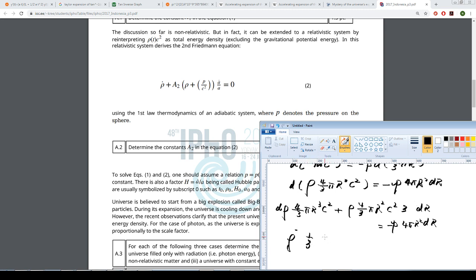Rho dot times 1/3 r c squared plus rho c squared equals negative P dr, r dot. So we'll just use r dot at this point.